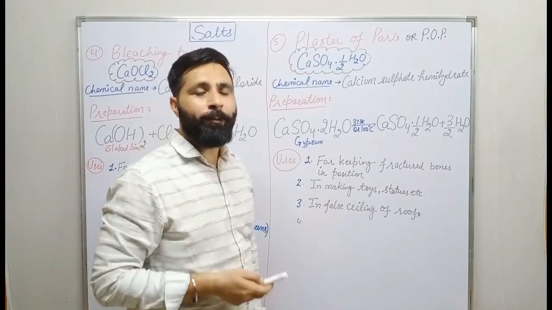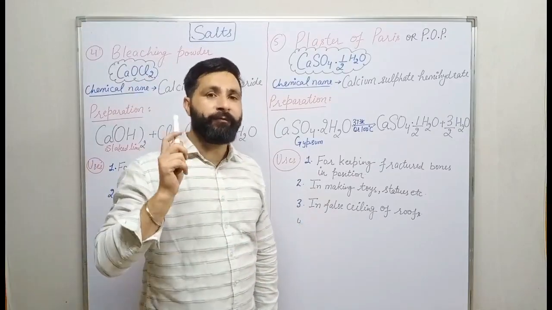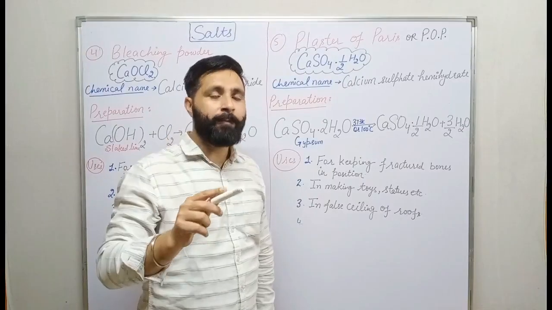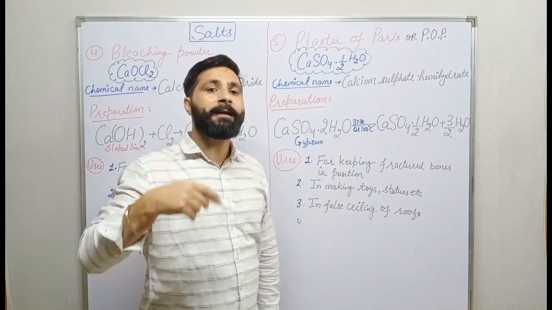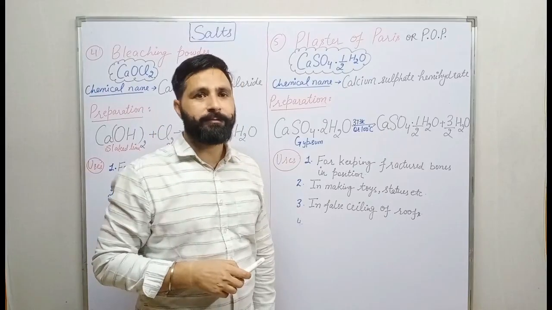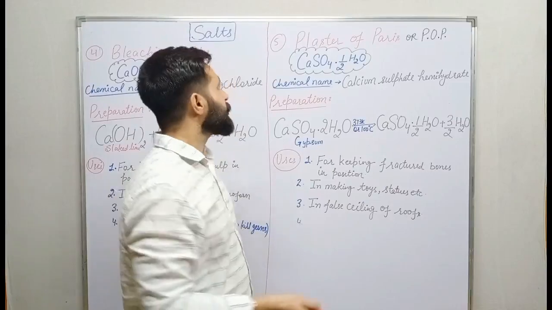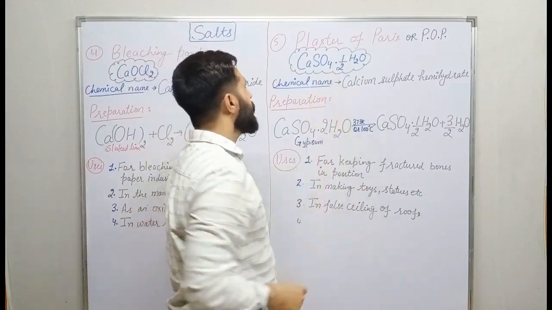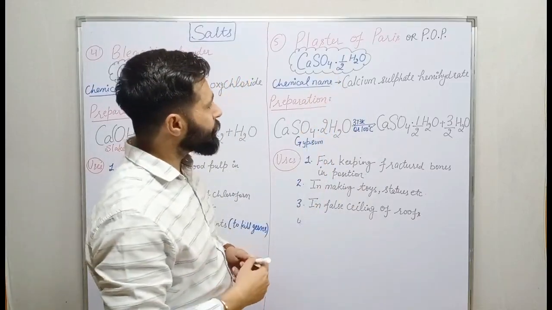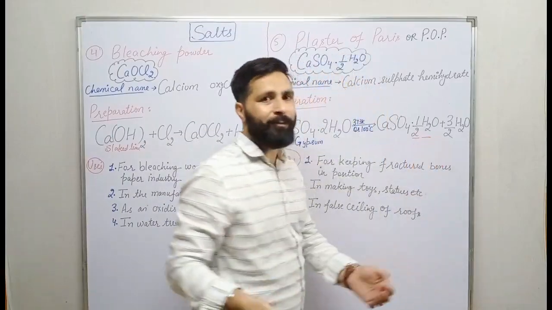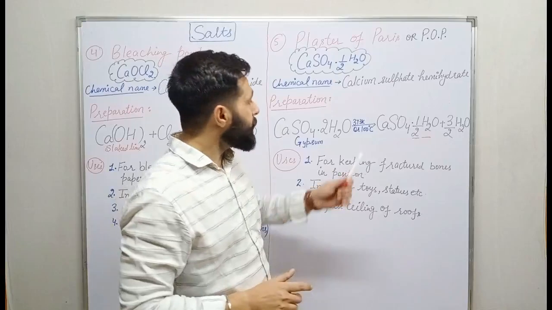Why is it called plaster of Paris? Because first it was manufactured from gypsum which is found nearby Paris. So it was first formed in Paris where gypsum is found. So that's why its name is plaster of Paris. Now the question is, why have we taken half H2O? We can't make a water molecule half.